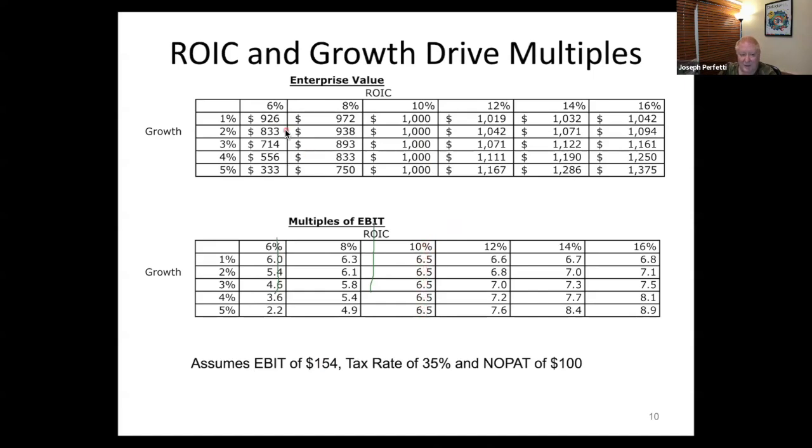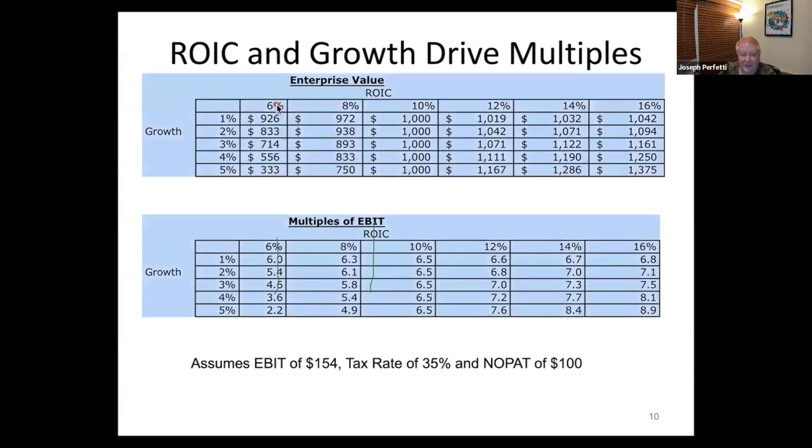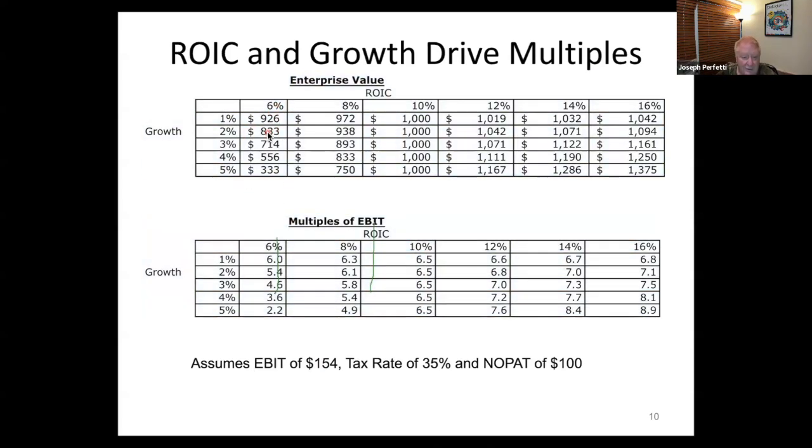If I took 833, at 6% ROIC and 2% growth, 833 divided by 154 would be 5.4 times EBIT. That's essentially how a multiple is created. You take the value of the company and divide by the denominator, whether EBIT, EBITDA, earnings per share, or revenue, and that gets you a multiple.